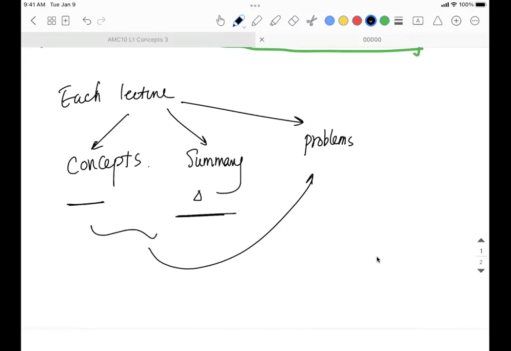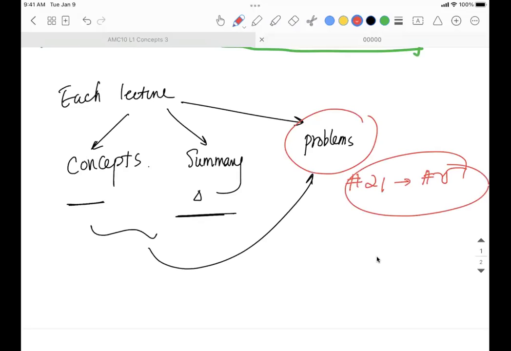Because this is a bootcamp lecture, I assume you already have some basic concepts for the AMC. So for the problem part, we focus on something relatively difficult: question number 21 to question number 25.